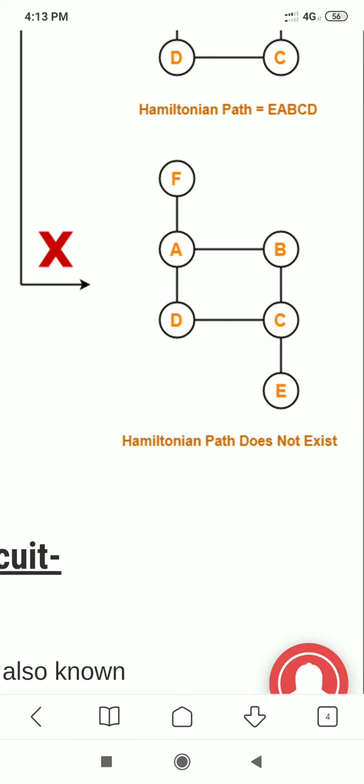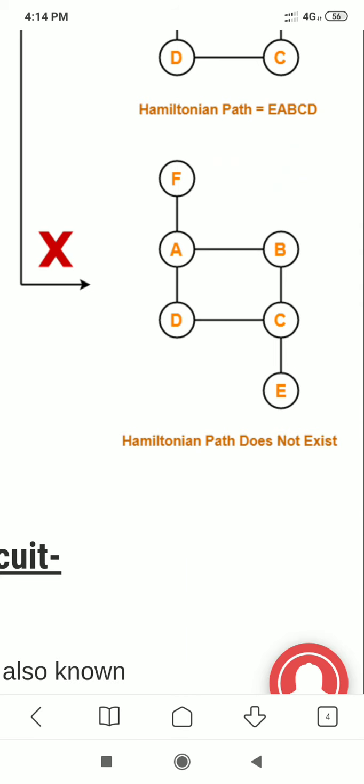Let us suppose F, A, B, C, E, then D is missed. If you try to find a path F, A, D, C, B, then E is missed. So you can't find a Hamiltonian path.